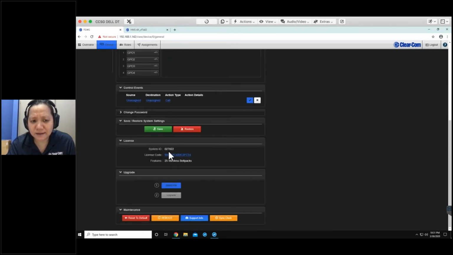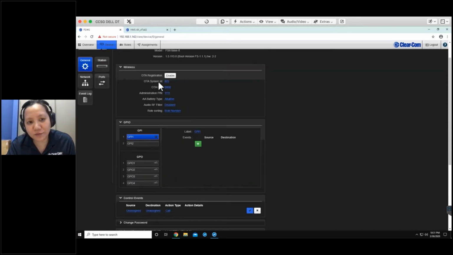I'm sorry. Yes, okay, you're correct. I meant the other one, the one that you can change. So if anyone decides to change system ID, it shouldn't happen, but if you happen to buy 2 bases at different times, and it happens to be the same ID, you definitely have to change one of your bases to a different system ID.